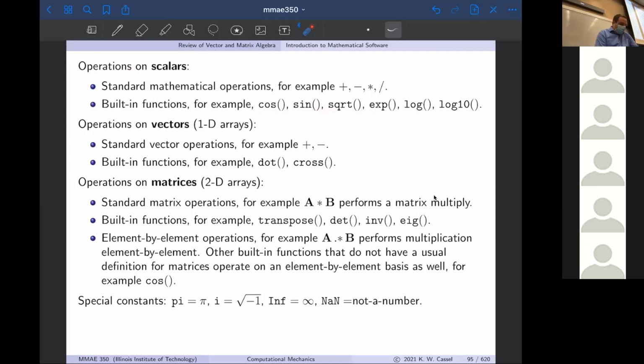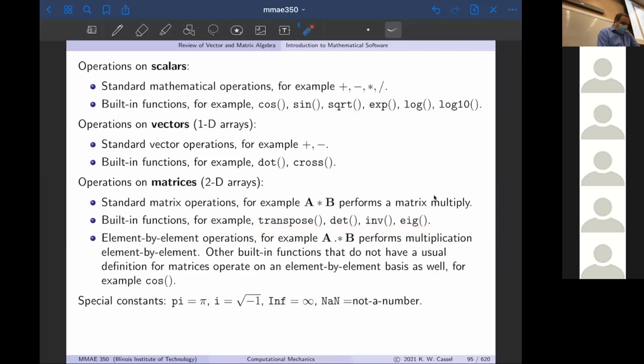It's just different terminology. So for a vector, which is a 1D array, you can add them, subtract them, you can take dot products and cross products of them. Very simple, straightforward. Matrices, which are 2D arrays, you can do matrix multiplication with the asterisk. You can do the transpose. There's a determinant, inverse, eigenproblems, which we'll talk about later in the semester.